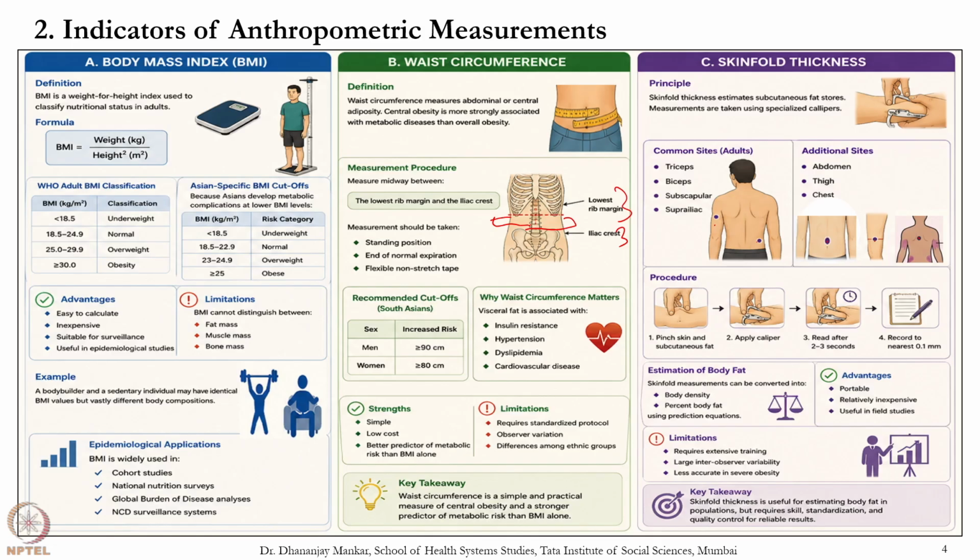The limitations are that it requires extensive training, has large observer variability and is less accurate in severe obesity. The skin fold thickness is useful for estimating body fat in population, but requires skills, standardization and quality control for reliable results.